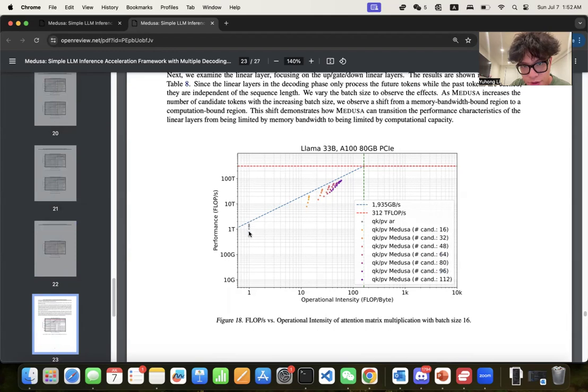This is the original AR, the autoregressive for attention. The operators are here, which means they have very low operational intensity. But if you add more candidates, they will go to the right side, which means although they are still memory bound, they utilize more operations, more FLOPs, because the operational intensity increased. Okay.